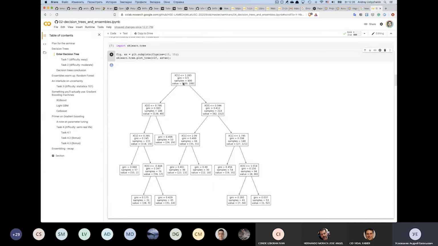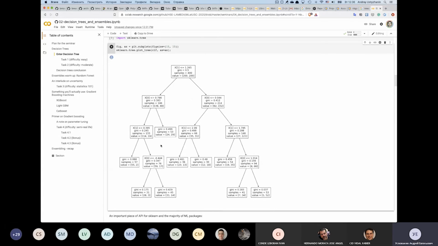How many samples do we have, and how many samples go to the right and to the left? So for every node we have these characteristics.